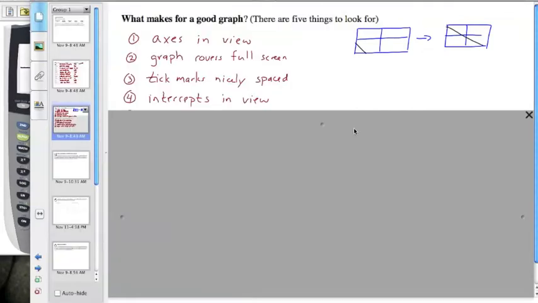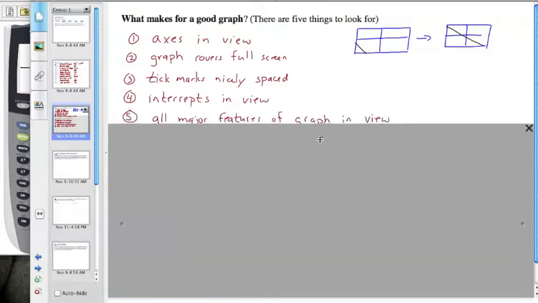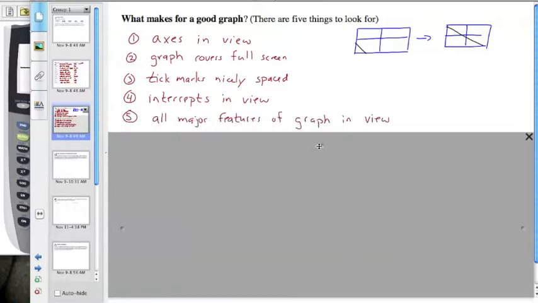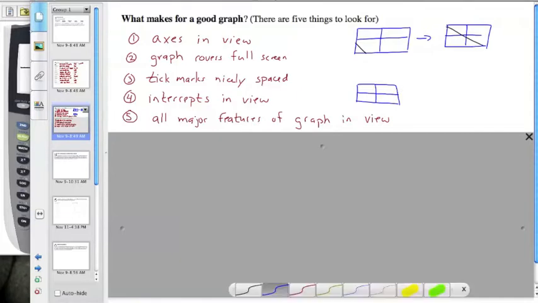And then finally, this isn't going to be too important for us because we're going to be graphing mostly lines, but we want to see all the major features. So for instance, if I started with a graph and it happened to be curvy, and all I saw on my calculator was this little piece here and this little thing here, that's not good enough because I really can't see what happens at the top of this graph.